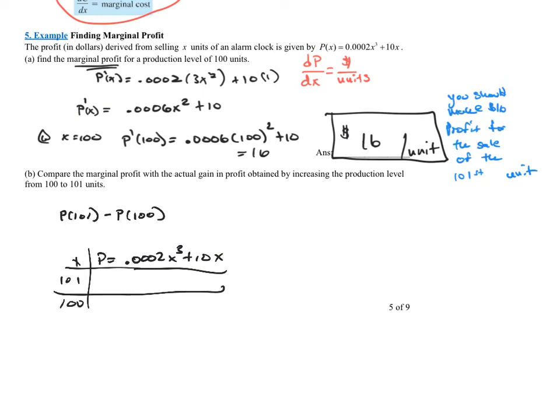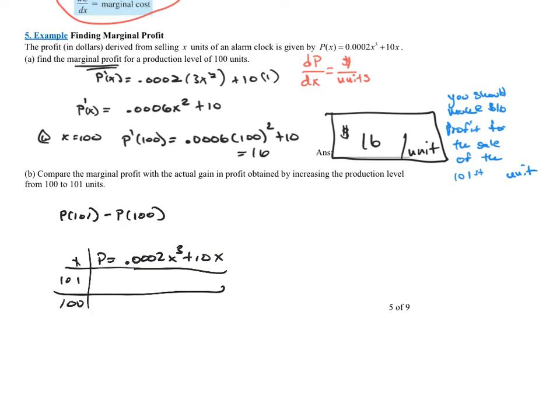I'm hitting table. I'm clearing out the function. I'm putting in 0.0002 x cubed. Hit the right arrow to get out of that cubed. I hit plus 10x. I hit enter. Doesn't matter what start is, doesn't matter what step is, just make sure you have ask x highlighted. Hit enter on OK. Type in 101.